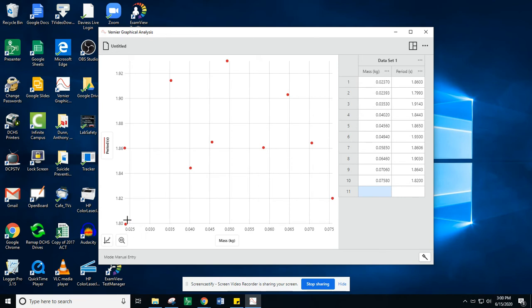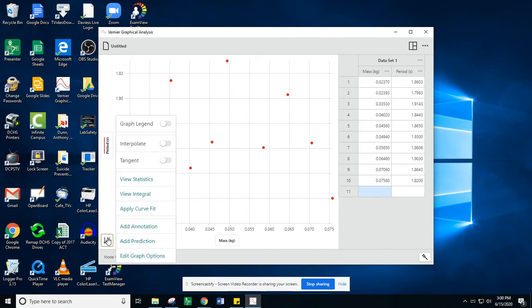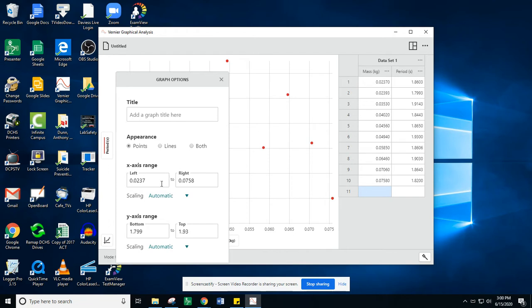So what we can do to make this data where we can actually see the results better, or the actual relationship, is we can go into the graph options and say, okay, let's do this, always show 0. And we'll do the same thing with the y-axis.